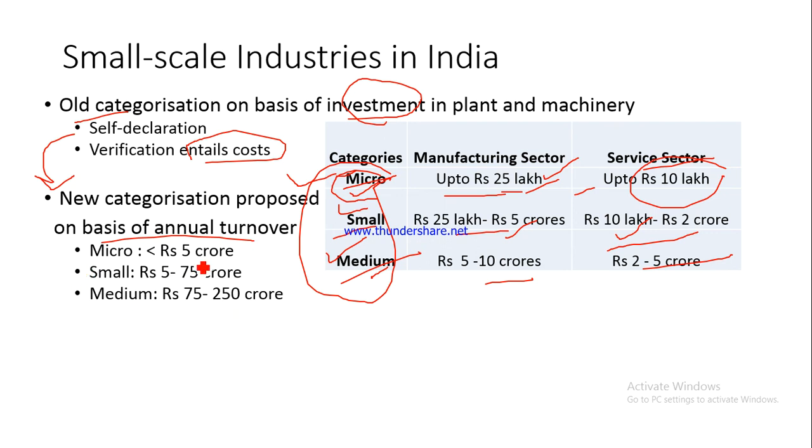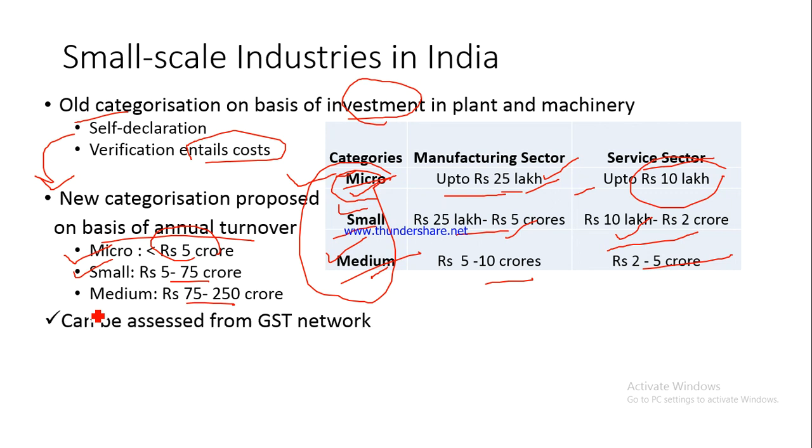For example, if the turnover is less than 5 crore, be it manufacturing or service sector industry, it would be considered a micro enterprise. If the turnover is between 5 to 75 crores, this would be considered small, and if it is more than that and less than 250 crore, it would be considered a medium scale enterprise. Beyond 250 crore would be a large scale enterprise, right?